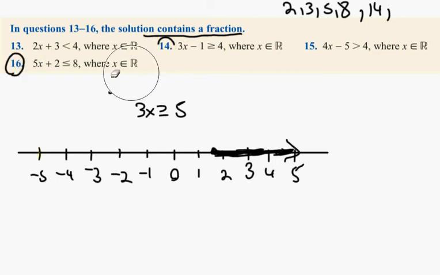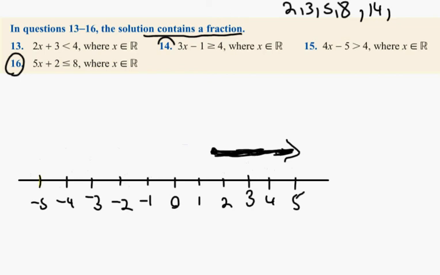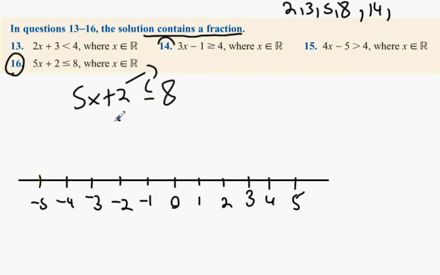16, okay. 16 is the last one. Now, 16. 5x plus 2 less than or equal to 8. Bring the 2 over to your side. It will be 6. 8 minus 2, which is 6. And then x less than or equal to 6 over 5.